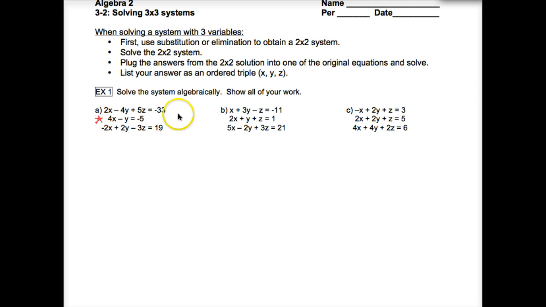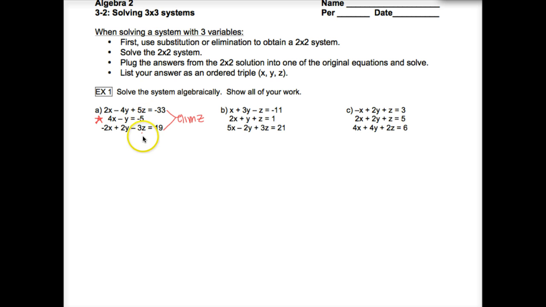So that's what I'm going to do. I'm going to look at just equations 1 and 3 and try to eliminate z. Because if I can get rid of z, then I'll have 2 systems with 2 variables, or 2 equations with 2 variables. So as I look at this, if I want to get rid of z, I need these coefficients to be opposite.